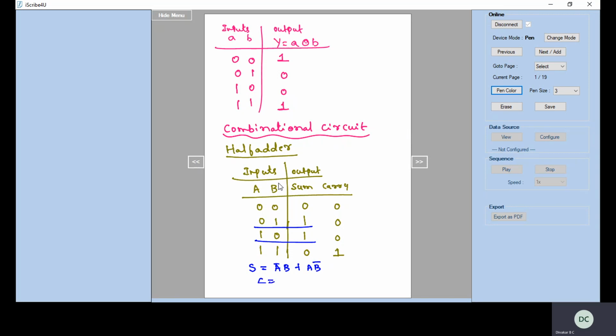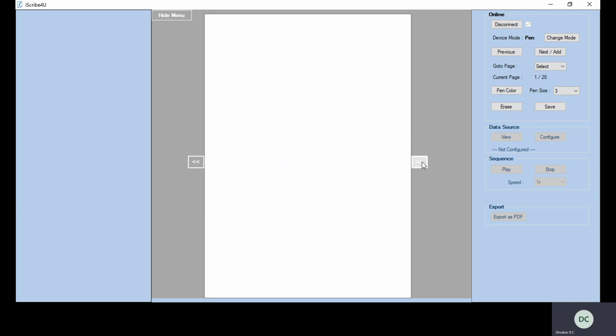And the carry expression: the output is 1 when both the inputs are 1, so the carry expression is AB. You can even write the sum expression as A XOR B. Once you know the truth table and the logical expression, we can construct this using logic gates.